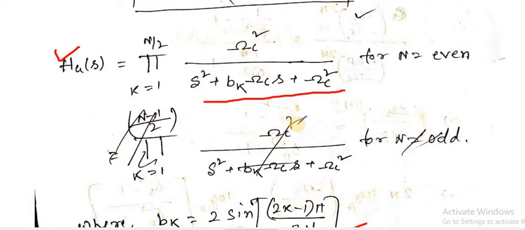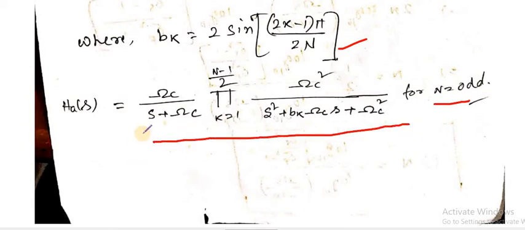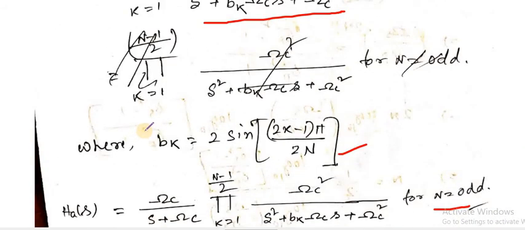If n is odd, then this is the standard expression of the analog transfer function. If we know this analog transfer function, then by applying either the impulse invariance technique or the bilinear transformation, you can design the digital transfer function.